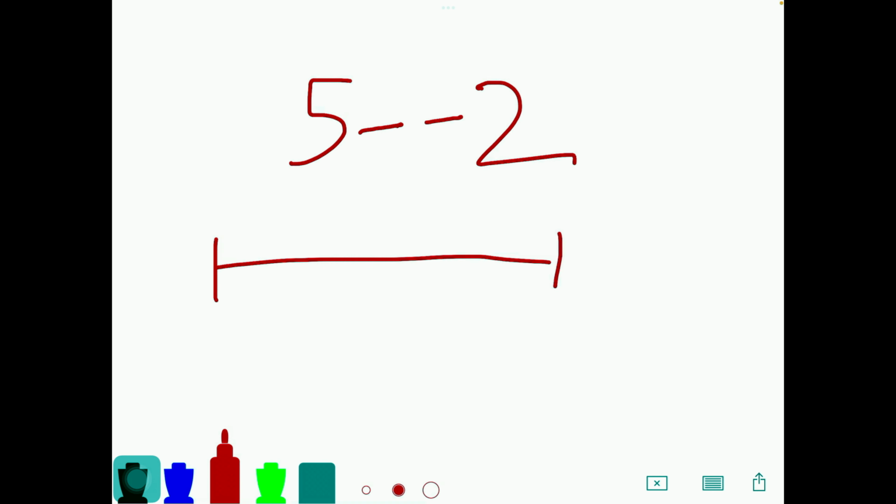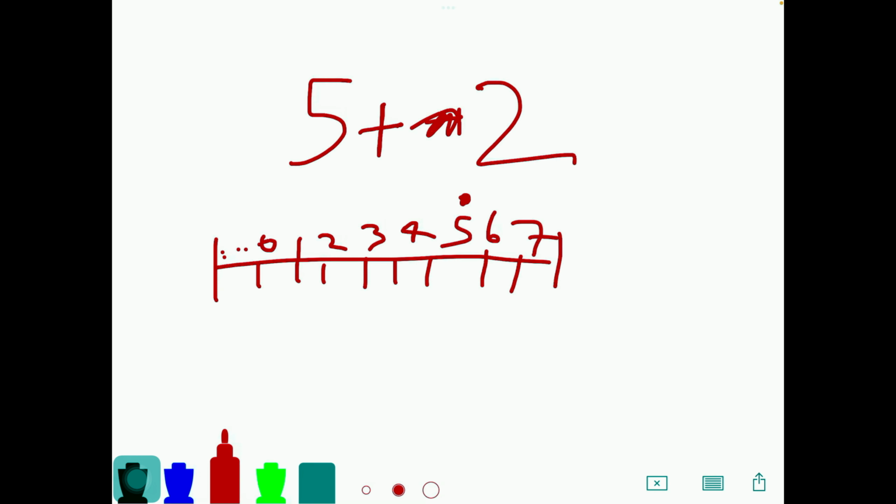Here's 0, and in the positive there's 1, 2, 3, 4, and 5. We start with 5, but when there are 2 minuses next to each other, that makes it a plus. So what's 5 plus 2? That's 6, and then 7.